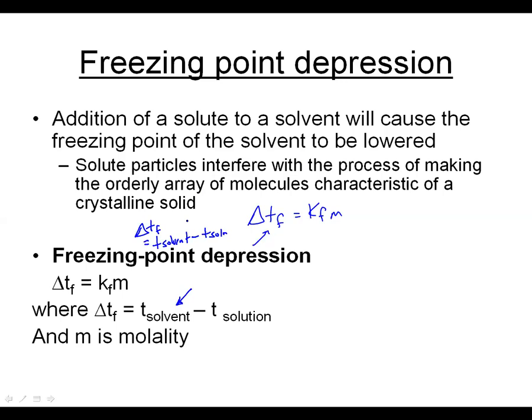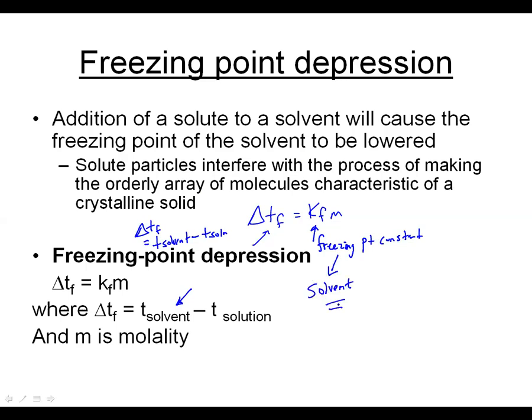Kf is a constant, and that is a freezing point constant. That is a value that you would look up in a table. And the important part when you look it up in the table, and people oftentimes have problems with this, they go to the table and they try to find the solution. To say you had a sodium chloride solution, you try to find sodium chloride in the table, you will not find it. The freezing point constant is based on the solvent.